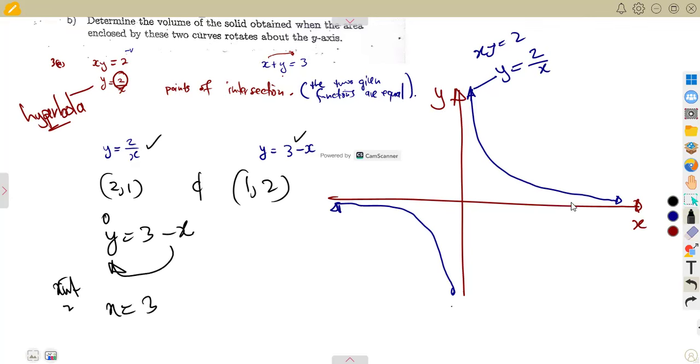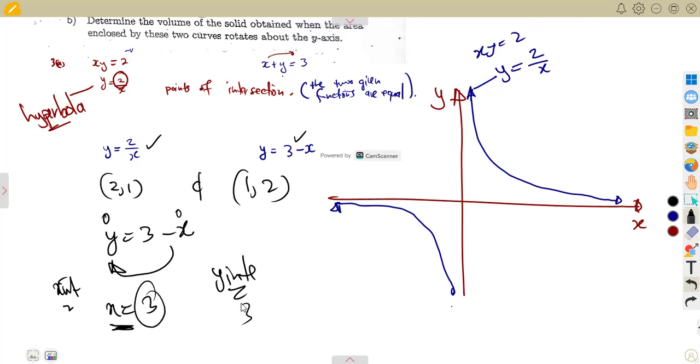Then at the y-intercept, x must be 0, which gives 3 also. So as you can see, our graph passes through 3 on x and 3 on y.